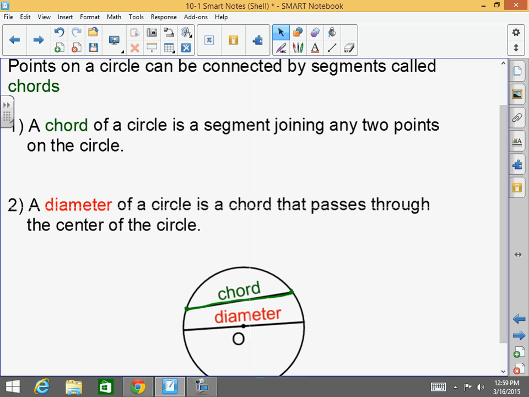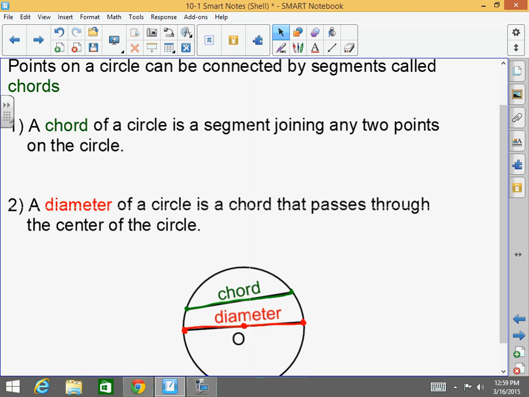The diameter is a chord because it is a segment that goes from one point on the circle to another, however it goes through the center of that circle. So again, a chord is not a diameter, but a diameter is a chord, and it goes through the center.